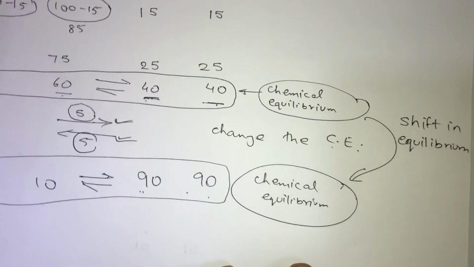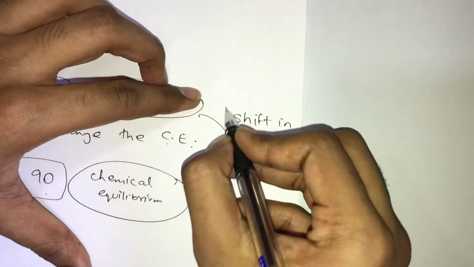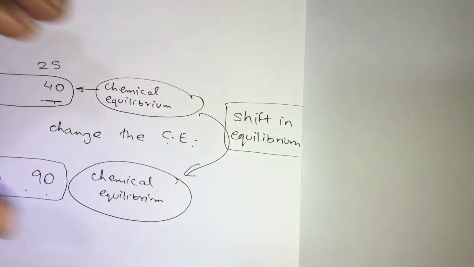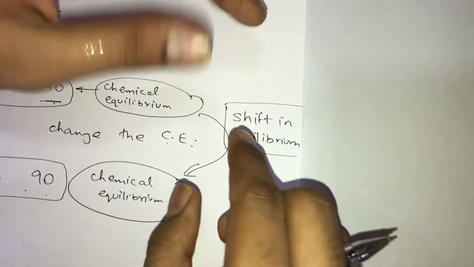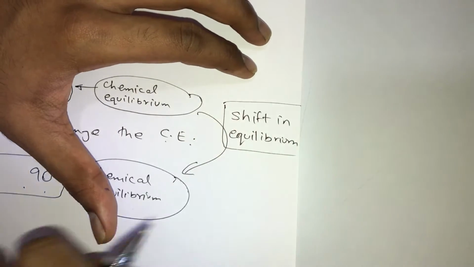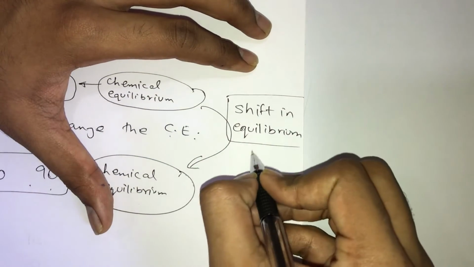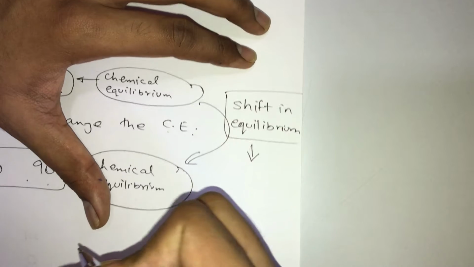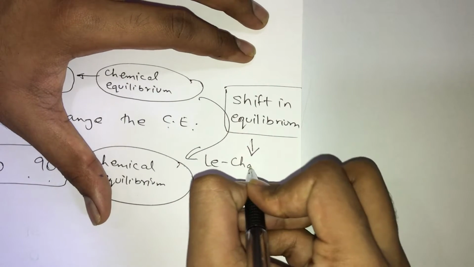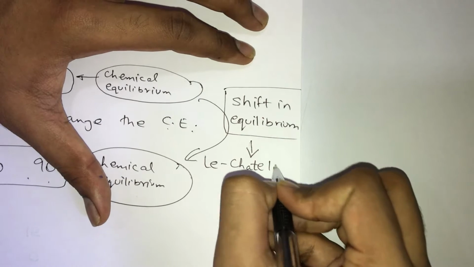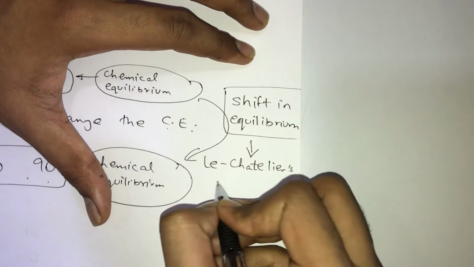Now how are you going to bring about a shift in equilibrium? How are you going to change the chemical equilibrium? That is, how are you going to bring about a shift in equilibrium. So you are going to make shift in equilibrium with the help of Le Chatelier's principle.